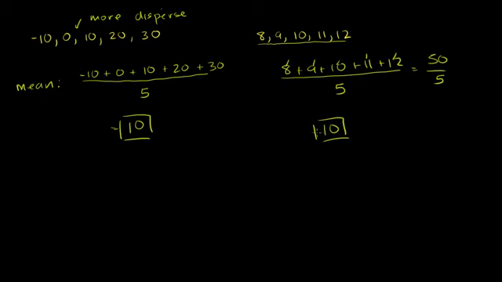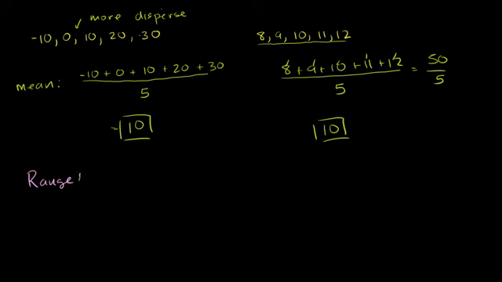So let's think about different ways we can measure dispersion, or how far away we are from the center on average. One way, and this is kind of the most simple way, is the range. You won't see it used too often, but it's a very simple way of understanding the spread between the largest and the smallest number.